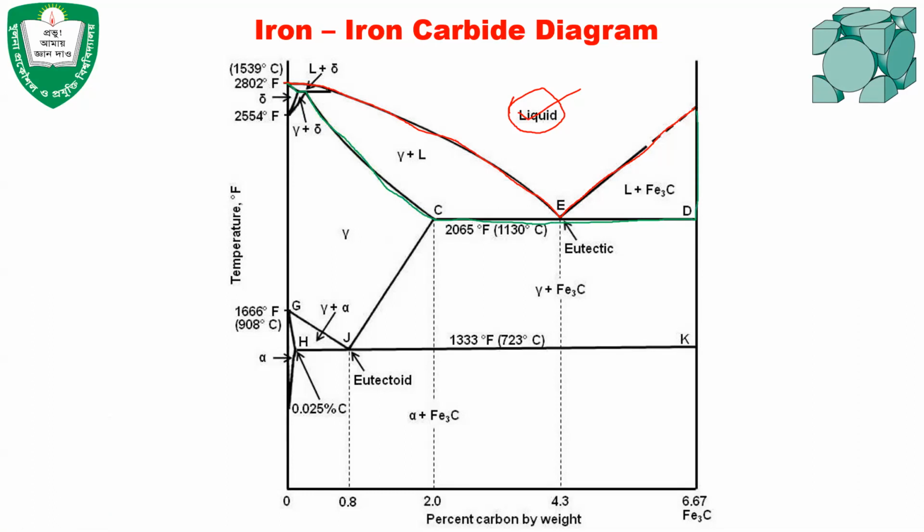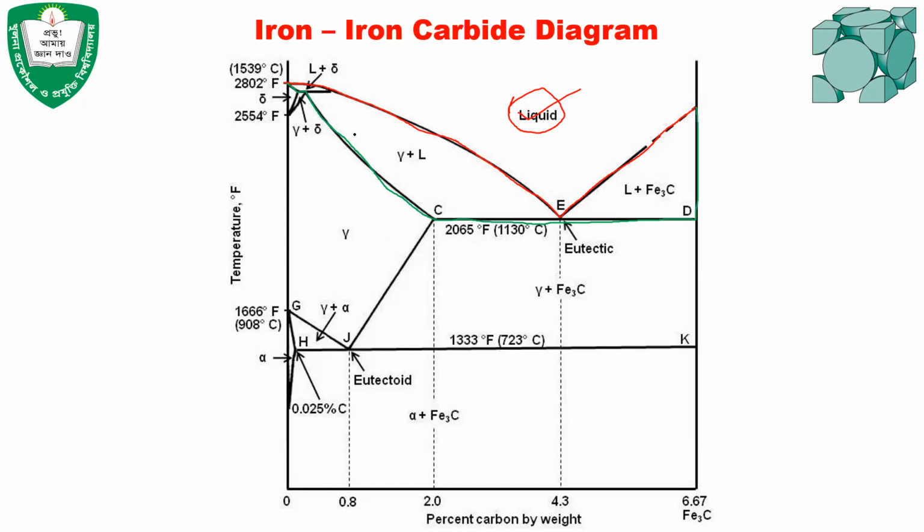It just connects two points between two elements, like pure iron, which is connected at this point, and in the case of iron carbide, it is connected here. And below this line, everything should be solid. So this is the Solidus line, and the red one is the liquidus line.